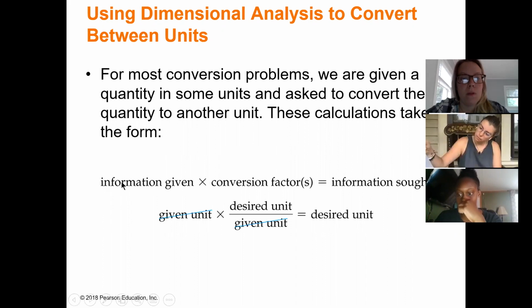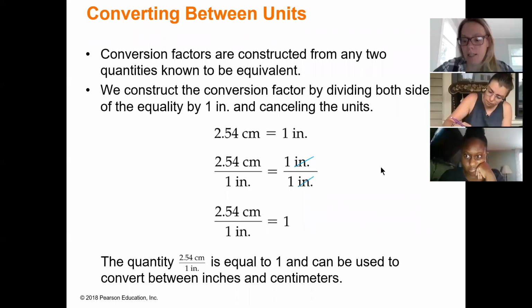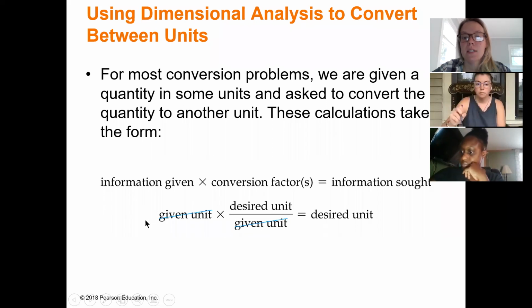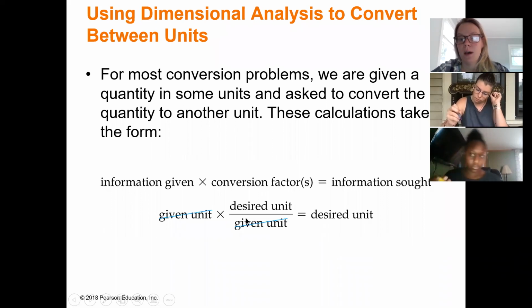So information given times some sort of conversion factor will always yield, if we've done it correctly, the information sought. Given unit multiplied by a conversion factor set up in such a way that the given unit sits at the bottom, the desired unit sits on the top, and then the given units will cancel, which we like, and we'll end up with the desired unit.